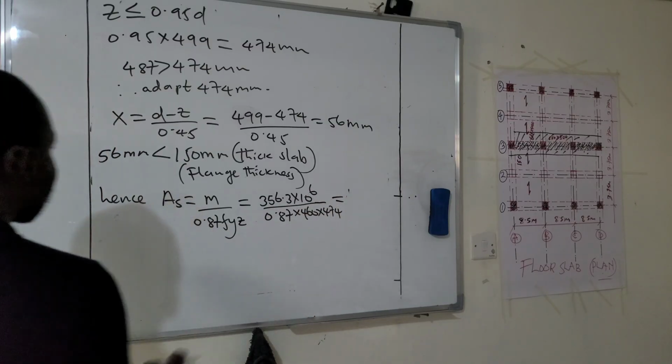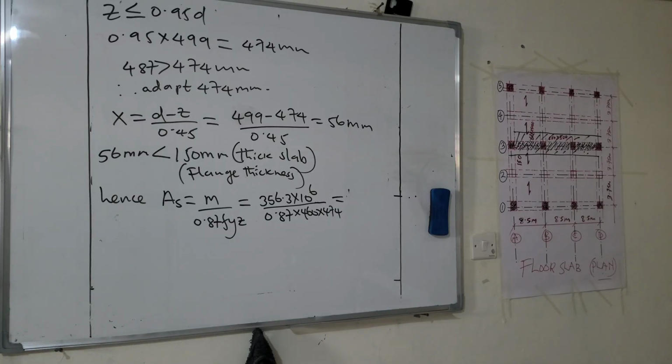We are multiplying by 10 to the power 6 to change from kilonewton meter to newton millimeter.